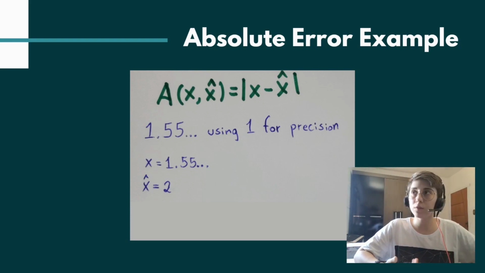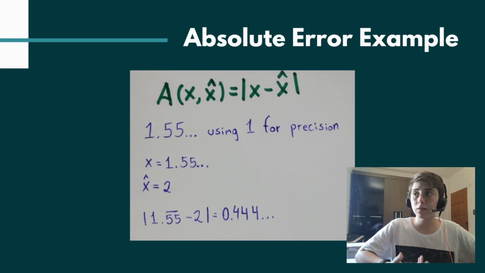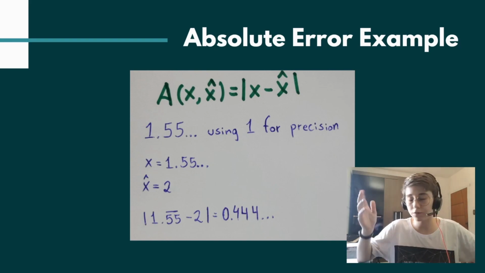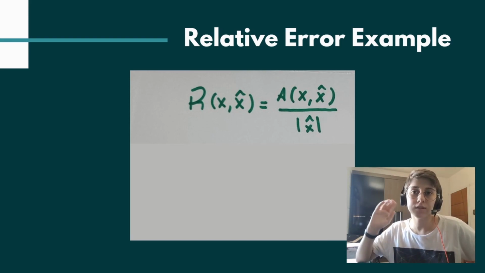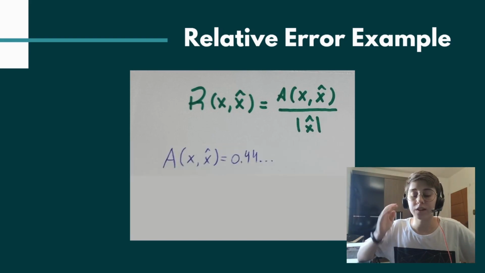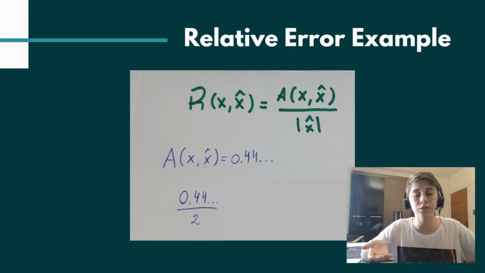So my formula says that we will make the difference using the modulus. I will put it in the formula and we will find 0.00 with infinite 4s if we calculate this difference. And to find the relative error of this same example, we will consider the 0.44 with infinite 4s that was our result in absolute error, and we will do the division using 2, that is our approximate value.